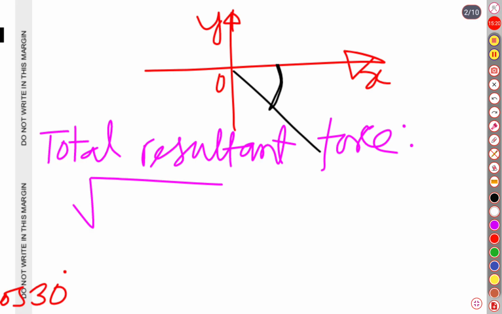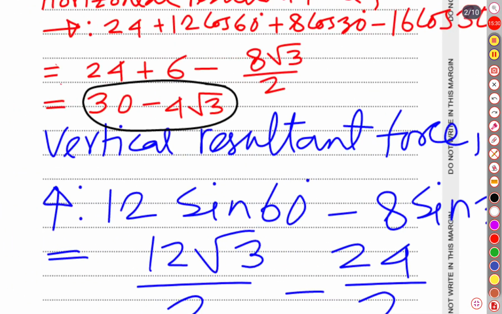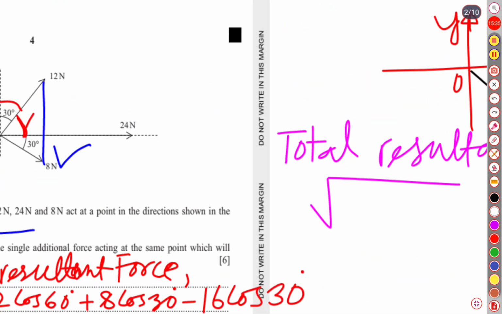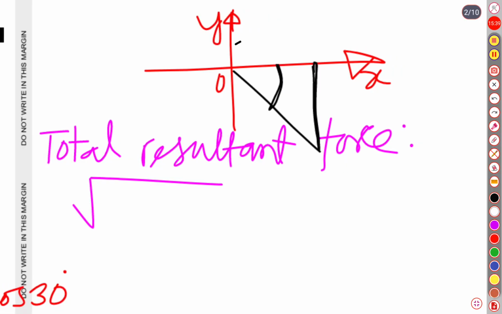What were the horizontal and vertical components? The horizontal component, which we have written here, is 30 minus 4 root 3, the horizontal resultant force.